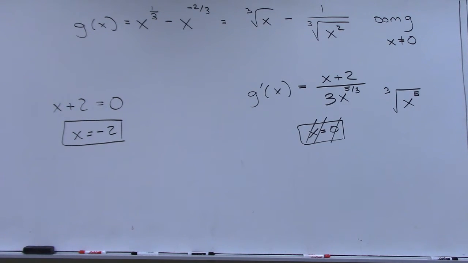And then minus 1 over the cube root of x, but then that quantity squared. Let's see what it does with this. Ah, there we go. Okay. I had to try and be smarter than it.